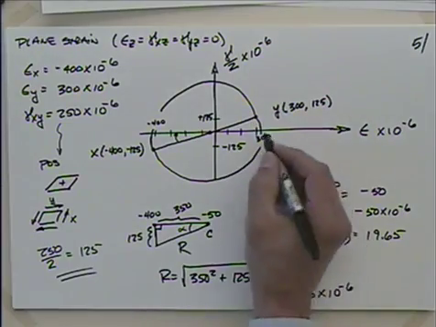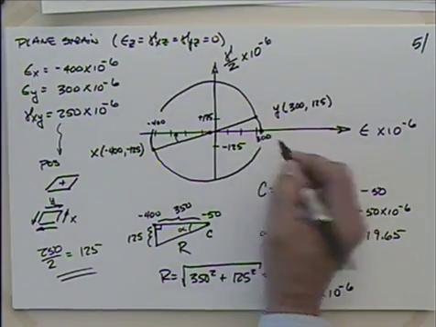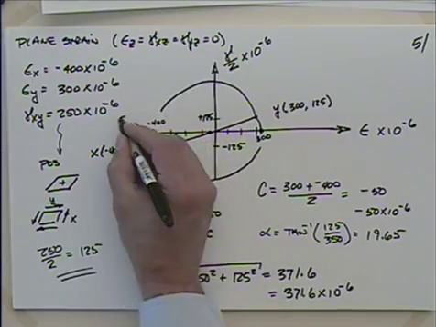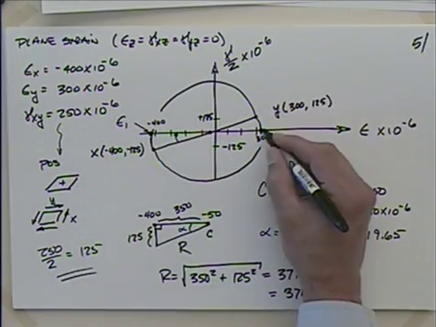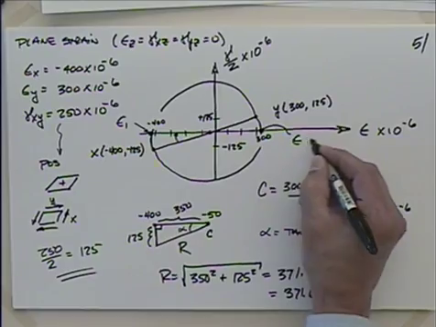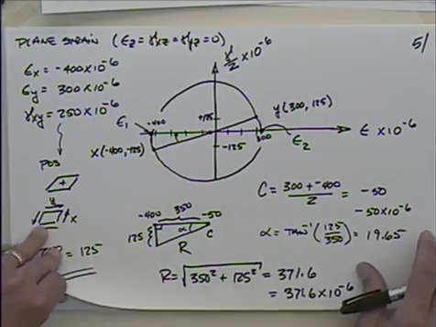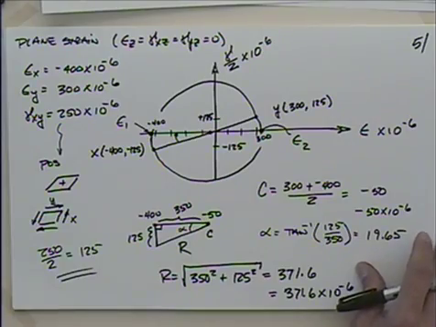Well, I might be interested in these principal strains, so we can talk about this one. We'll say this one is epsilon 1, and maybe I'll say that this one is epsilon 2. So if we look at those principal, I got that here.